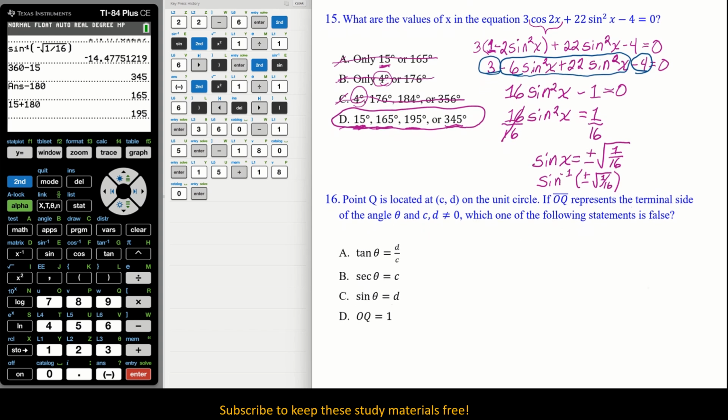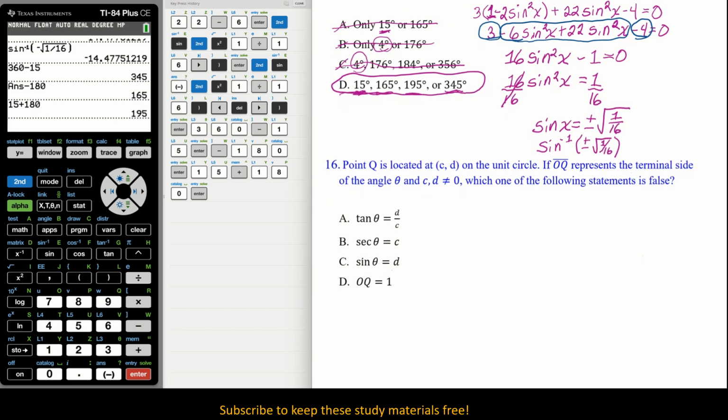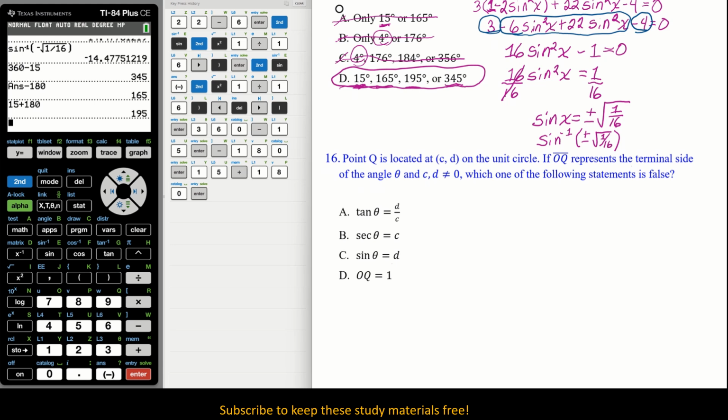Now, number 16 is just simply a matter of knowing how to read the question and figuring out what they're talking about. Okay. All right. Point Q is located at CD on the unit circle. Now see that O, see how it looks? They mean 0.